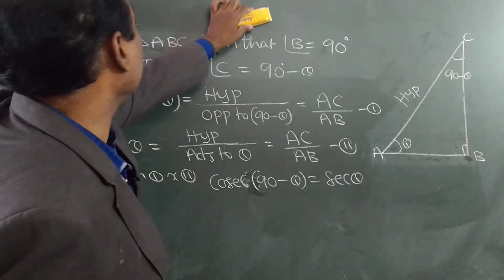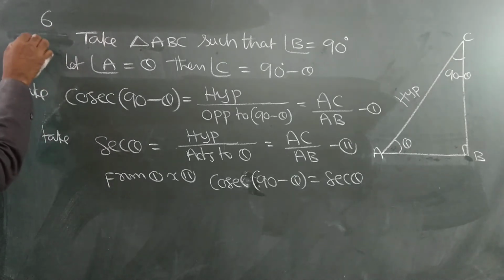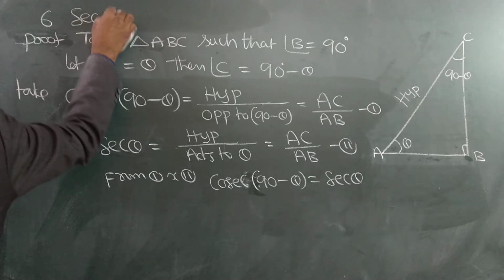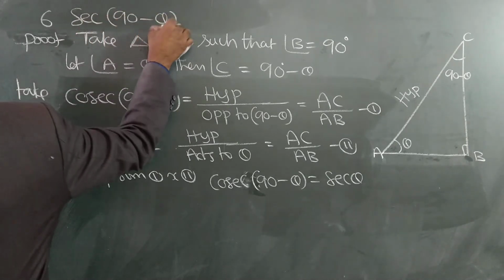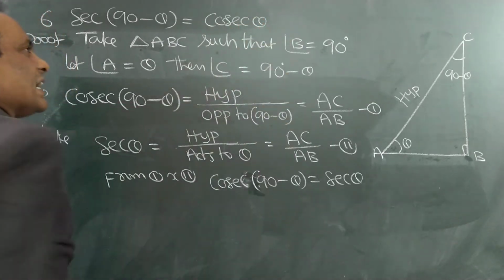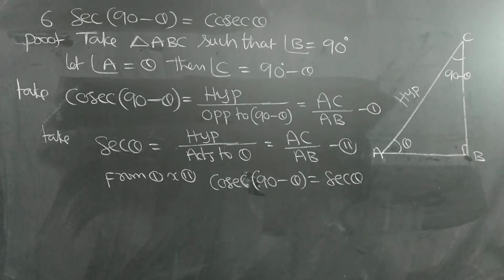Last formula. Secant 90 minus theta is equal to cosecant theta. That is the last formula. The 6th formula, let us derive. Same method.